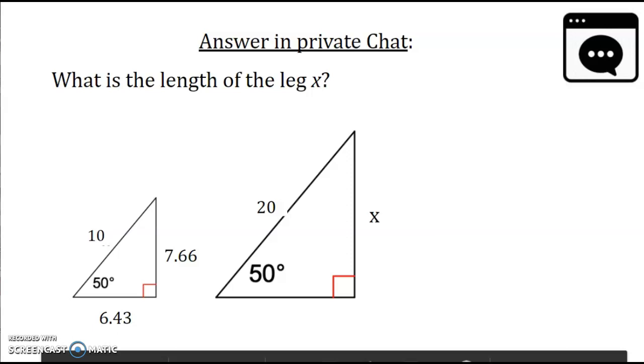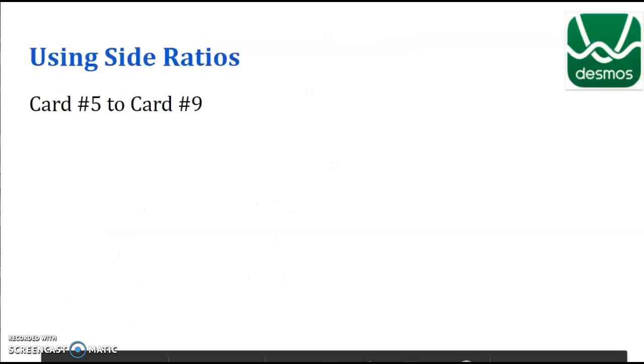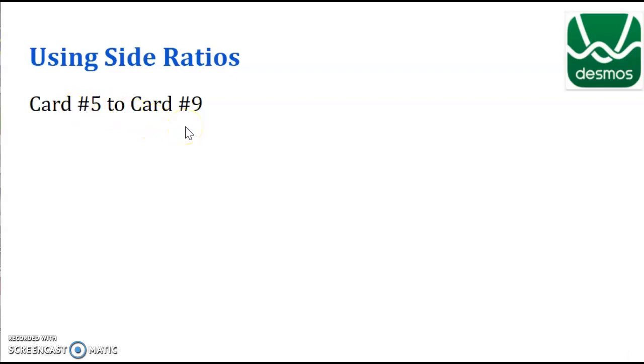So by angle similarity, these two triangles are similar. So we can use the ratios within the shape to figure it out. Okay, so now you are going to use decimals, cut number 5 to 9 to explore this.